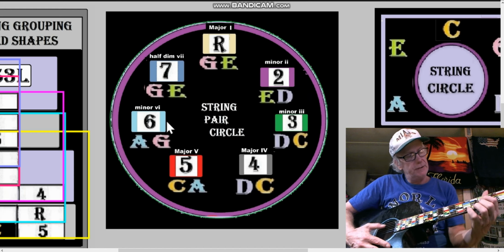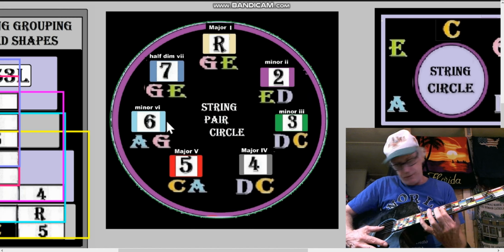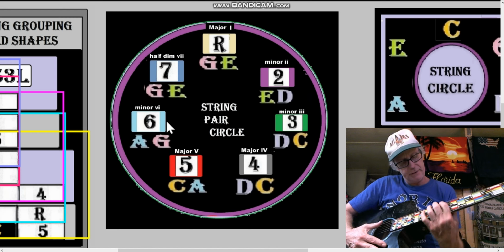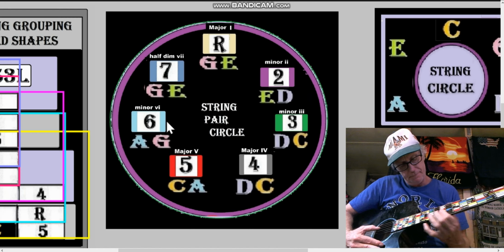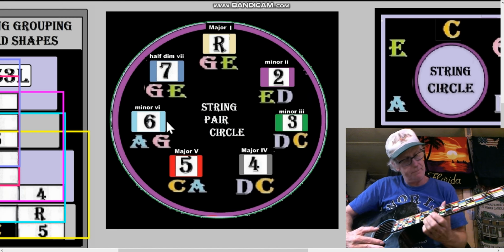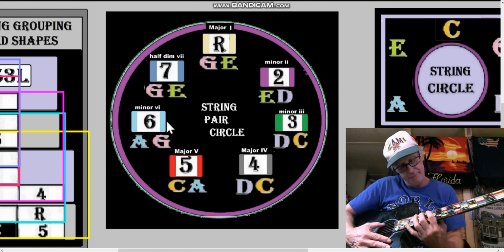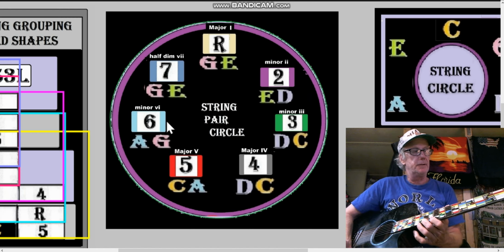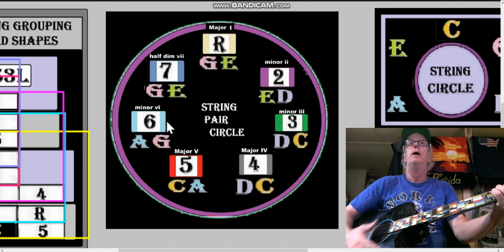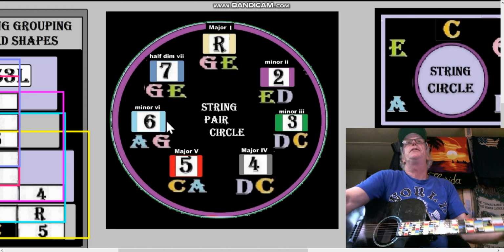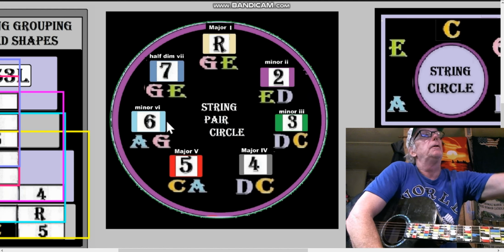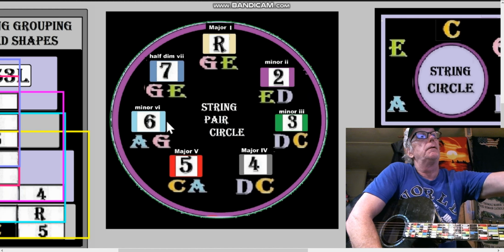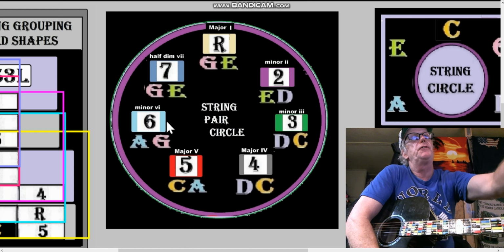Let's say we're in the key of C. We're going to choose the 6th of the key of C as what? 1, 2, 3, 4, 5, 6.